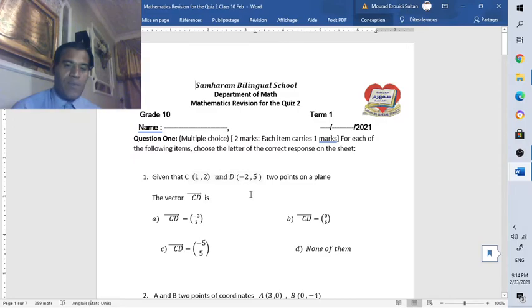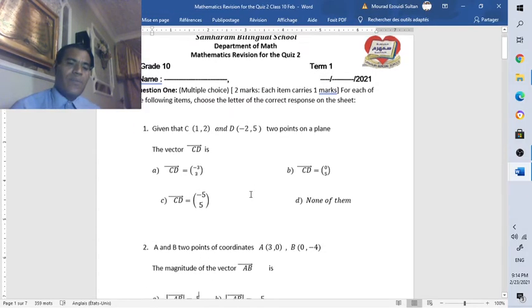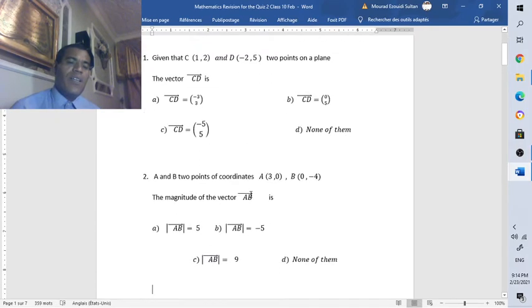Here we have, my learners, question number 1. Given that the point C has coordinates of 1 as the x coordinate and 2 as the y coordinate, and D the point of coordinates -2 as the x coordinate and 5 as the y coordinate.